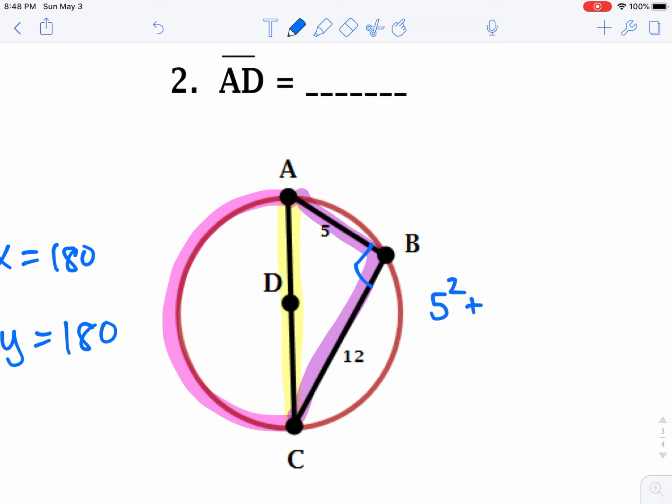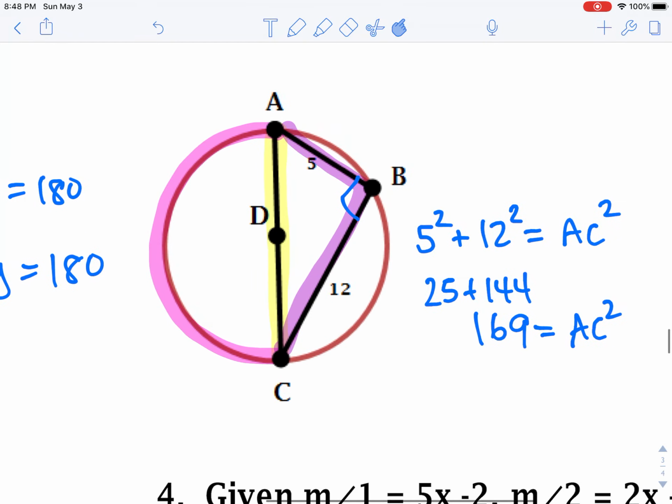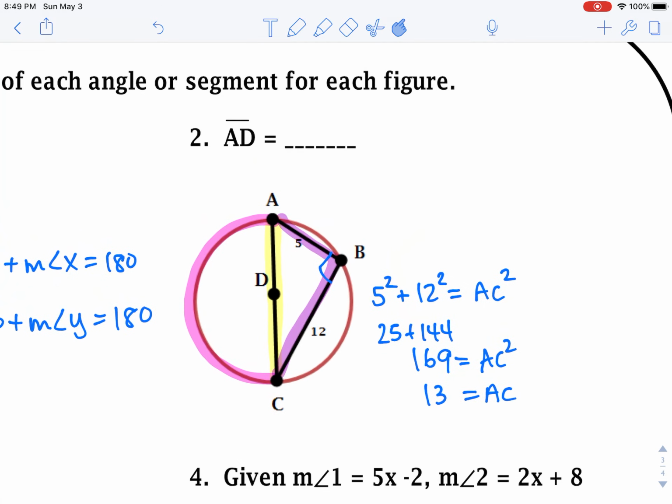You can use the Pythagorean theorem. 5 squared plus 12 squared must equal AC squared. So you get 25 plus 144, which is 169, and the square root of that is 13.